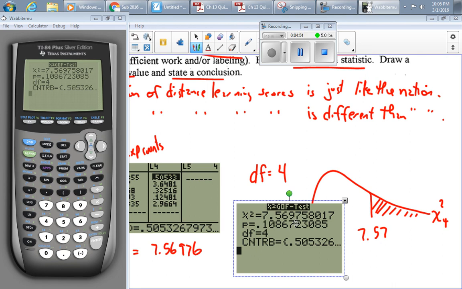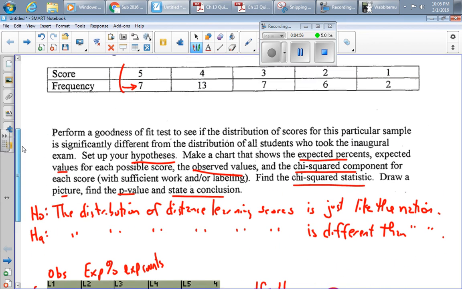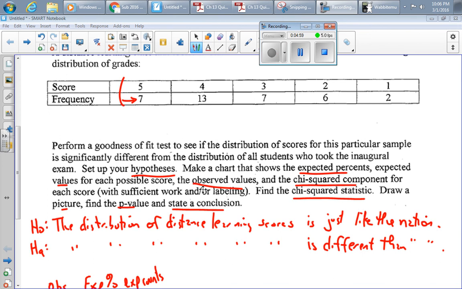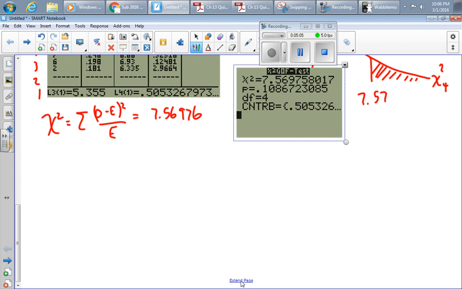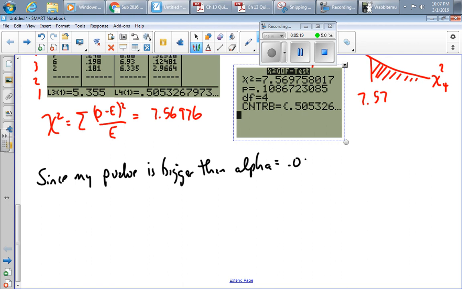And so now I need to make a conclusion. And so I can go back and look at this problem to see if I had an alpha level. And since I don't see an alpha level, I can say, since my p-value is bigger than alpha equals 0.05, I will fail to reject H0 in favor of HA.